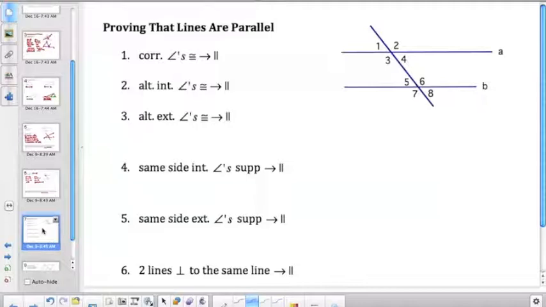Number 1, we just proved in the previous slide. And that is slide number 6. Number 2, we proved in the very beginning when we first started the parallel line stuff. So that was slide number 5.